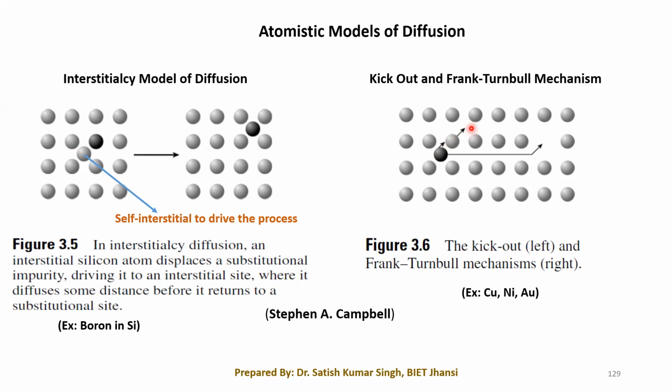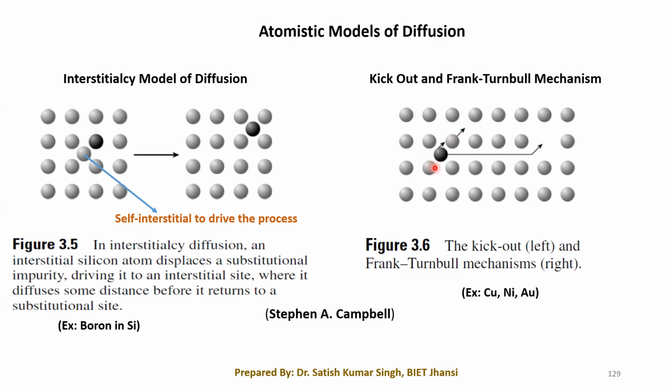This is called the kick out mechanism, in which your interstitial impurity kicks out the host silicon atom, occupies the substitutional site and sends the silicon to the interstitial space.